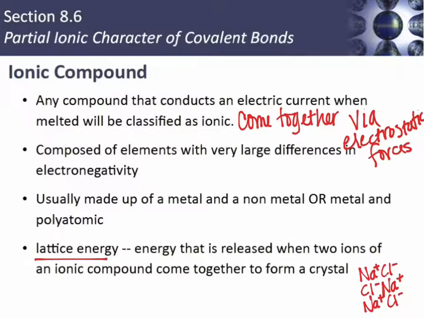Everybody knows what a lattice is, right? Okay. So we have the nice little crisscross thing. So it makes a lattice, and the energy that is released when these come together is called the lattice energy. Going back to physics, you may also see this called Coulomb's law.